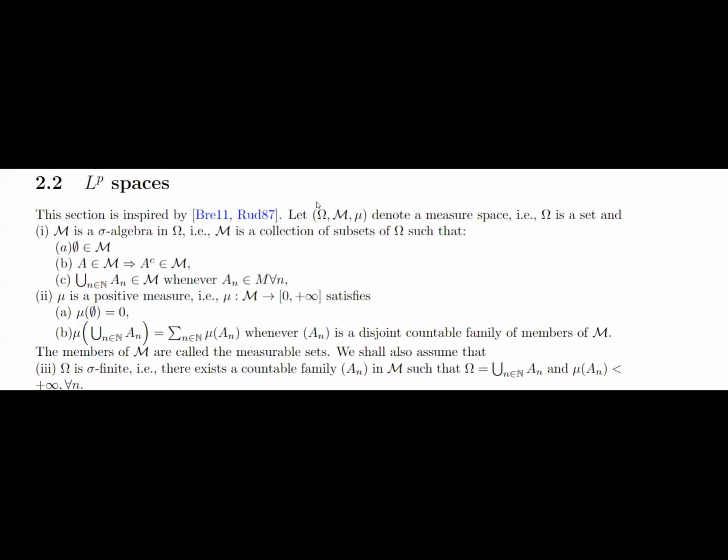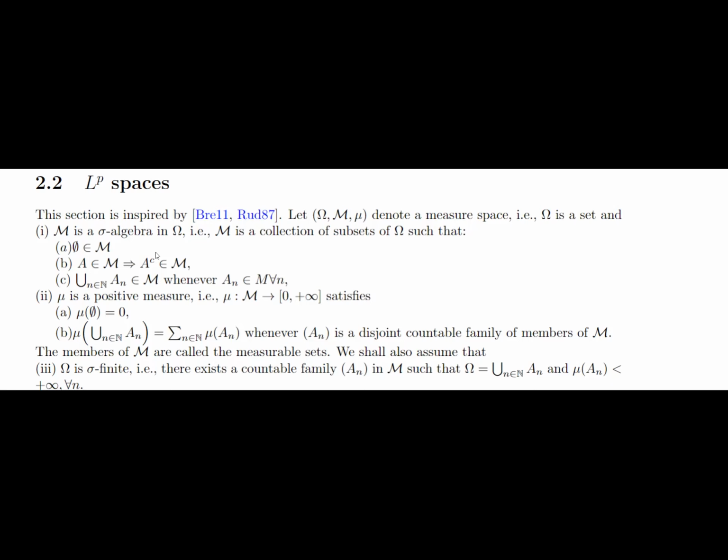So you have omega, for example R to the n or other, and you define a sigma algebra on omega and a measure, a positive measure for our purpose. So a sigma algebra is what? It is a collection of subsets of your omega such that the empty set belongs to it.